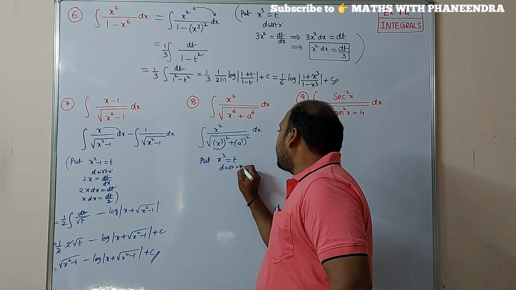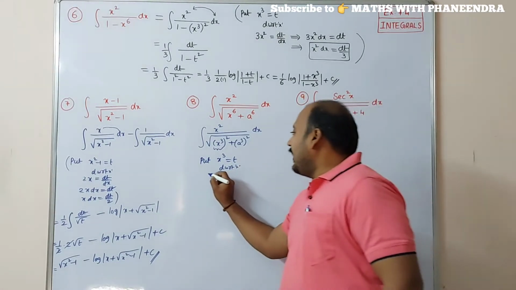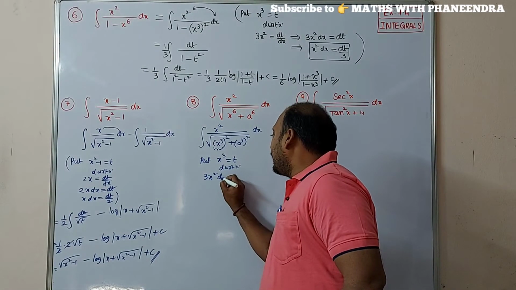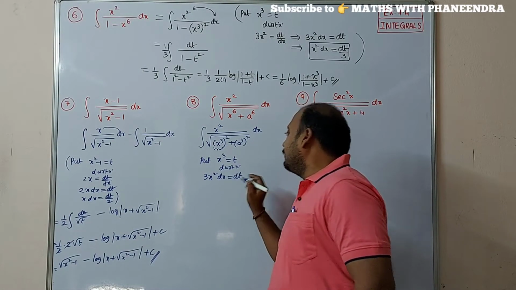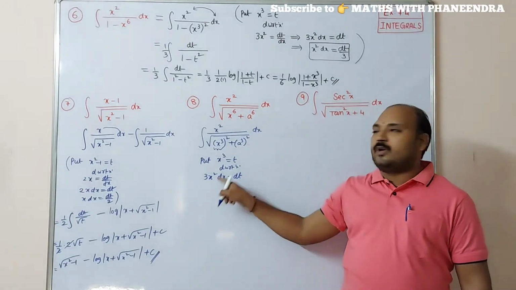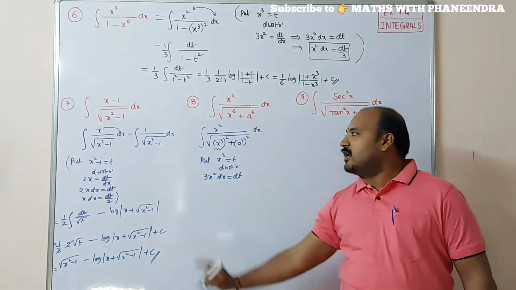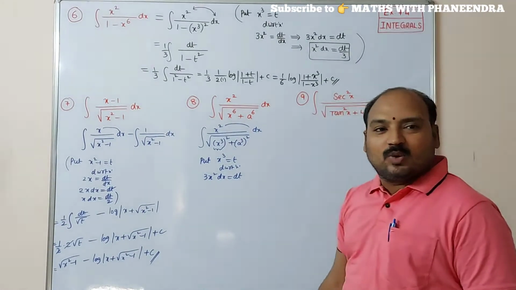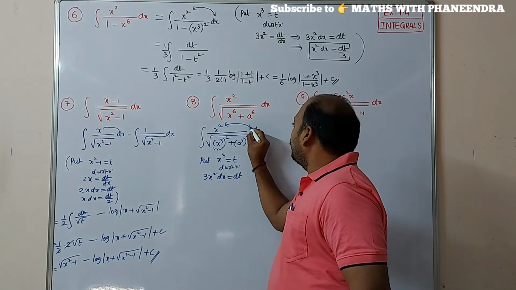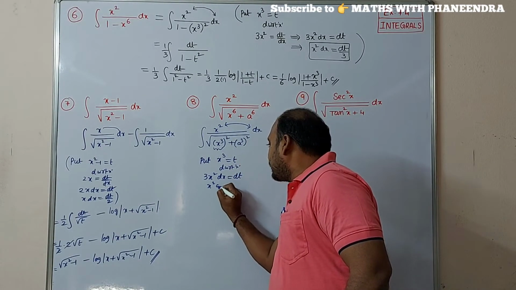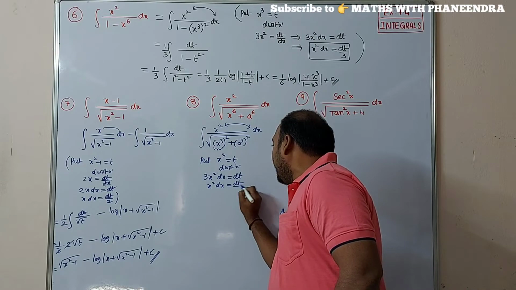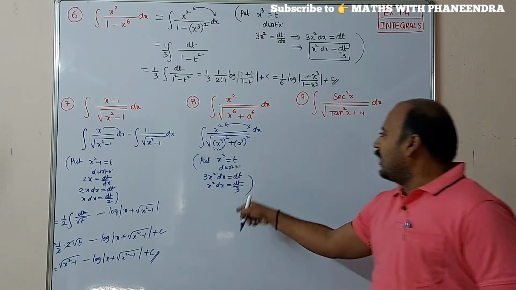Differentiate with respect to x. So 3x square dx is equal to dt. Directly I am writing, x cube derivative is 3x square, dt by dx will come. Cross multiply. But I want x square dx only, so 3 we can take to this side. x square dx is equal to dt by 3. Compulsorily you have to write it.